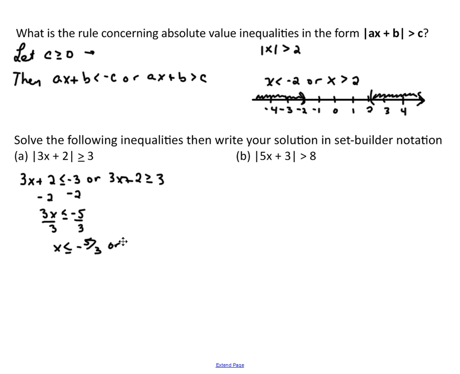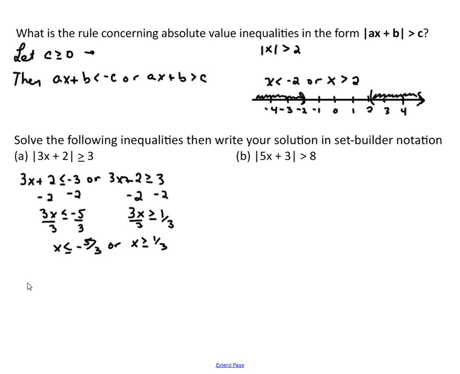Or, we get 3x plus 2 is greater than or equal to 3. Subtract 2 from both sides. This time, we find that 3x is greater than or equal to positive 1. Divide both sides by 3, and we get the inequality x is greater than or equal to positive 1/3 this time.